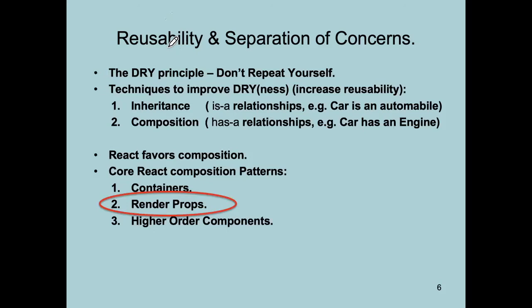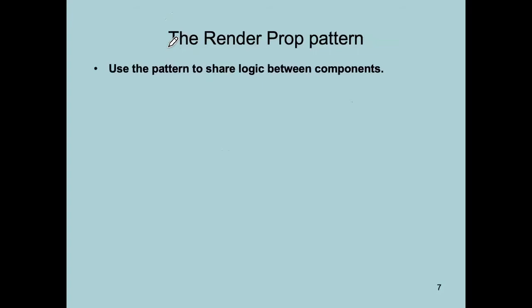So what's this render props all about? Well, its objective is, as we might imagine, to allow you to, if you've got code that's repeated or quite similar across components, then refactor that code and put that repeating code into a separate function, I guess, and somehow share it across the different parts of the application.